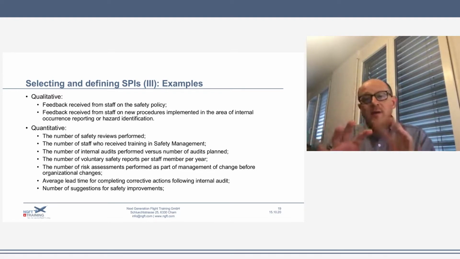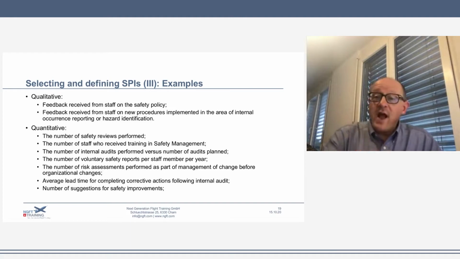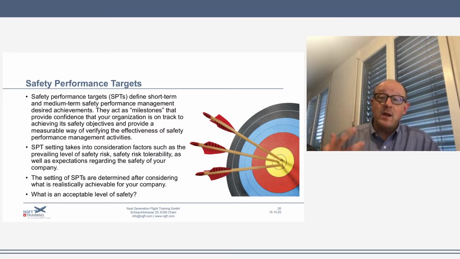If you look at that list, that's probably something you could start with. But obviously, it's not enough. There needs to be more. Now, once you have the indicators and you define what they measure, you need to say, what should be the target? If we have trainings for our staff, should the target be 100% once a year?